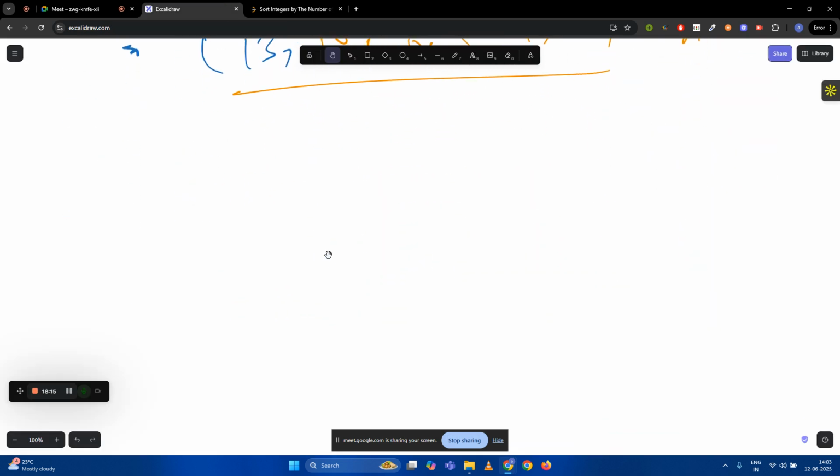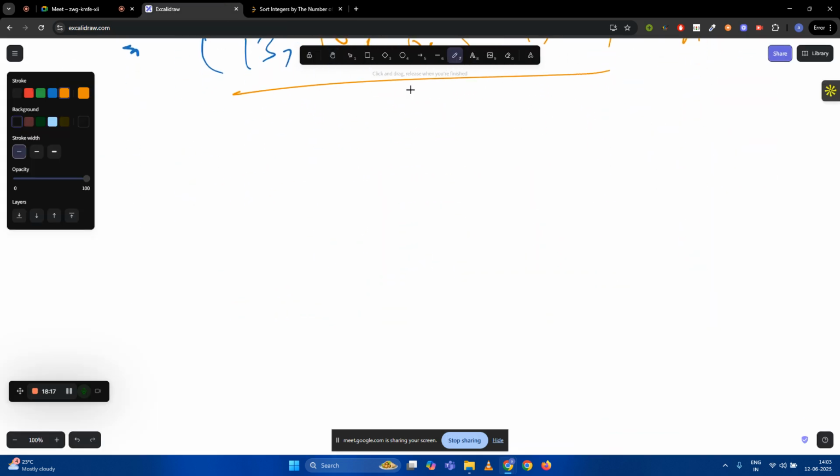Okay, someone was telling me a solution. Okay, who was saying? So suppose I got the number of set bits. Fine. Suppose for each number you are having set bits.